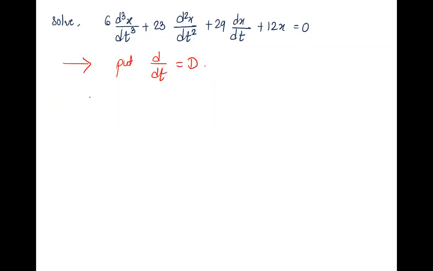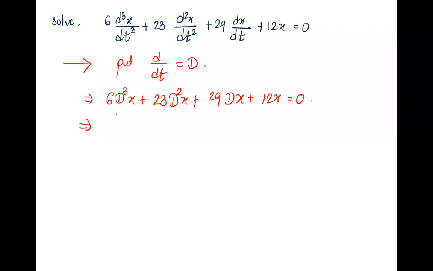Very good. So the equation becomes 6 D cube x plus 23 D square x plus 29 Dx plus 12x is equal to 0. If we can see the common thing, it is x.